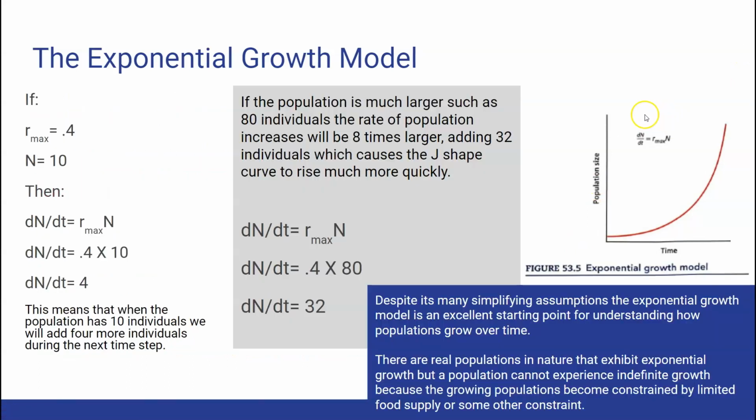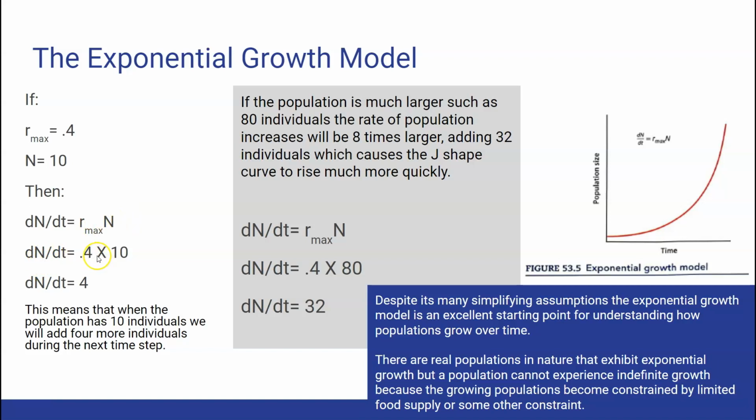Okay, so here we see the change in population over change in time is R max N. If we tell you that the R max is 0.4, okay, and the original population was 10, then the change in population over time would equal R max times N, our original population number.